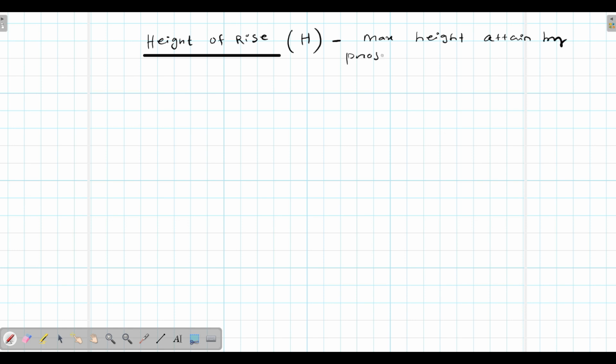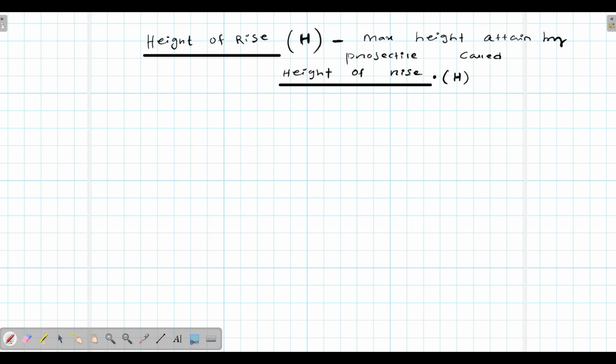That is called height of rise. Height of rise is denoted by capital H.